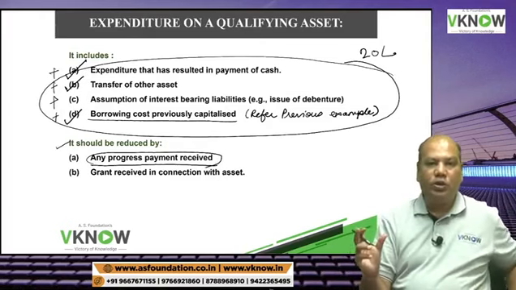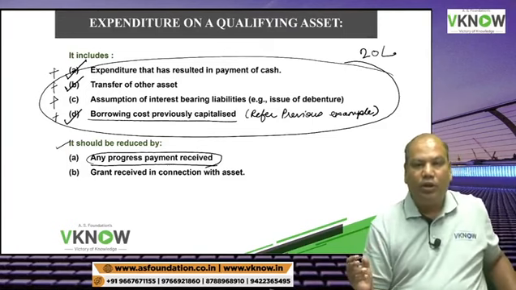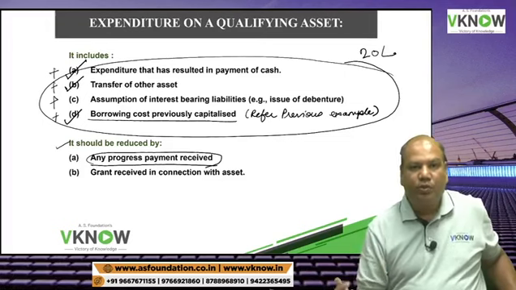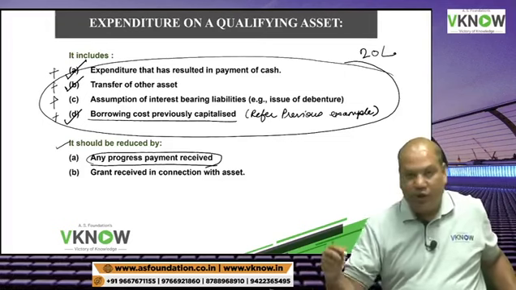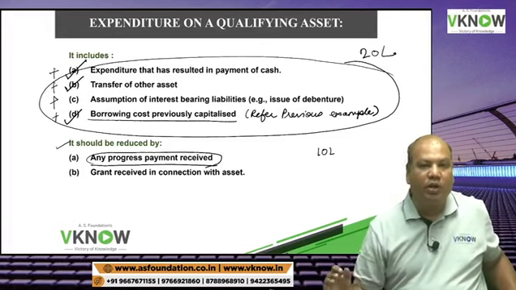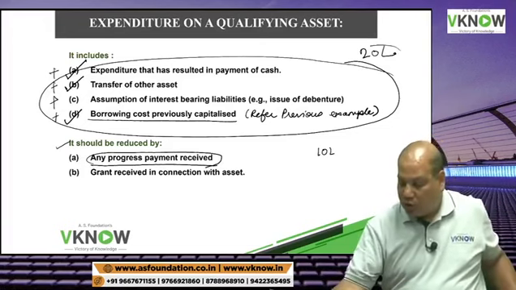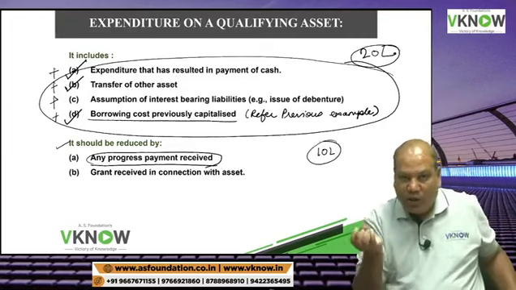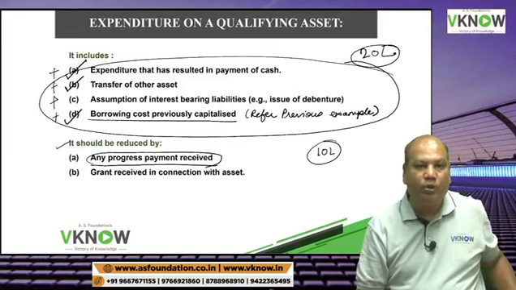Like if you are doing construction of a building, then the client or contractee gives you some advance payment. So the standard is saying, suppose 10 lakh has already been recovered from the client, so your net expenditure is not 20 lakh, it is 20 minus 10.